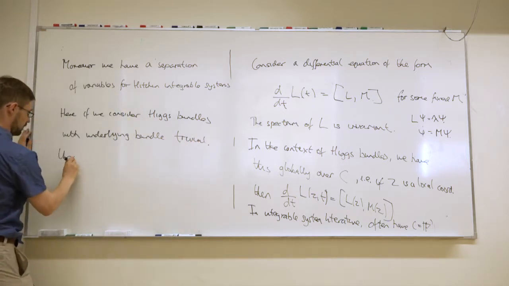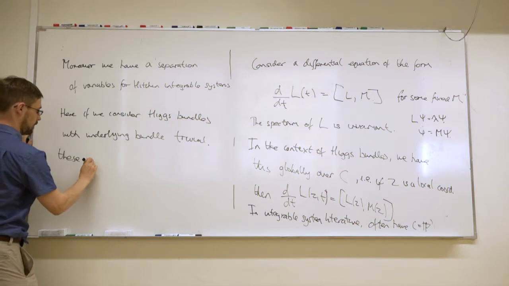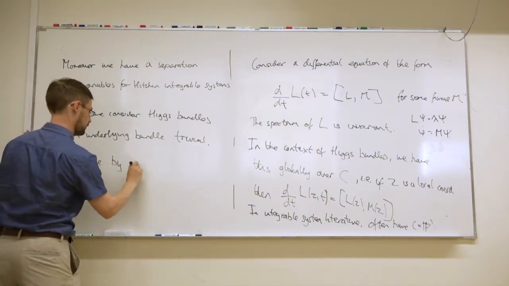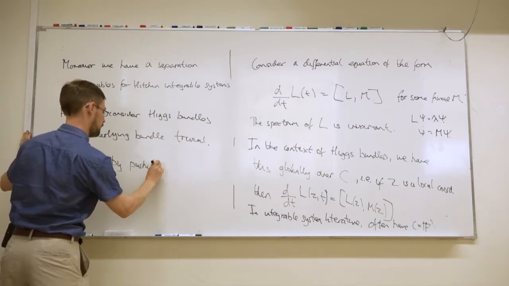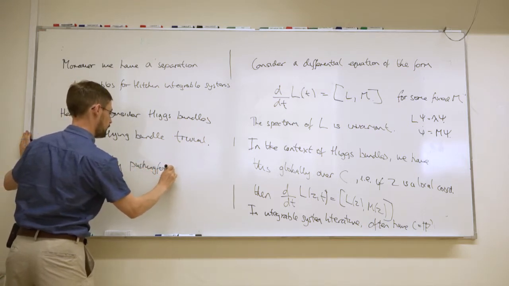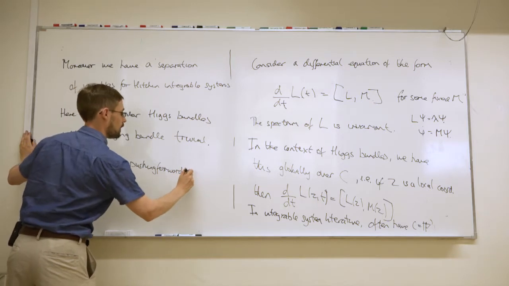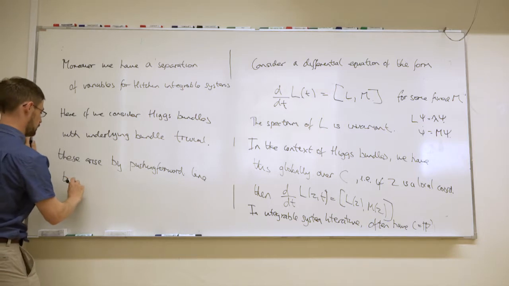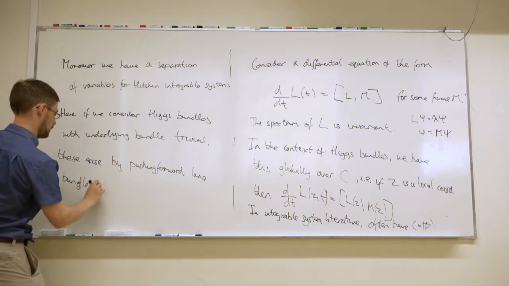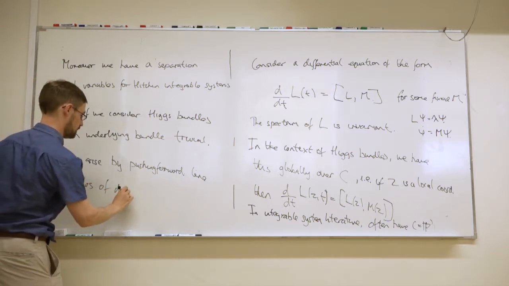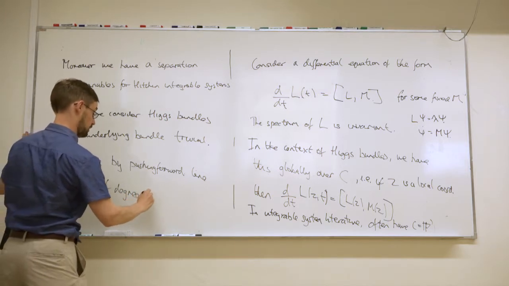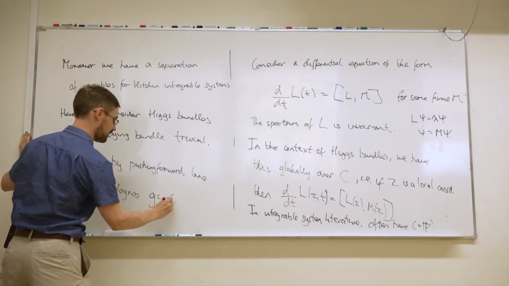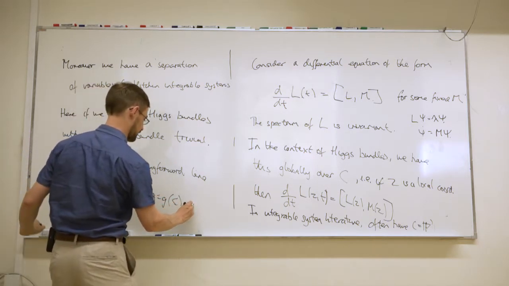These arise by pushing forward line bundles of degree G, G being the genus of the spectral curve, on the spectral curve.